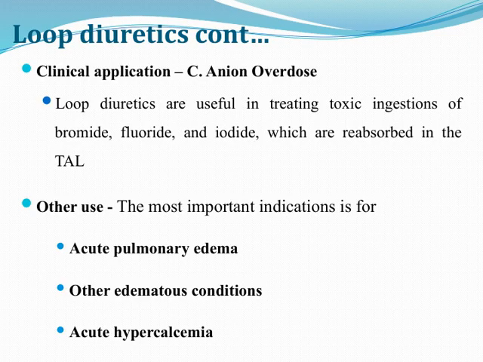Lastly, they are key in cases of acute hypercalcemia. Since loop diuretics increase calcium excretion, they can help lower elevated calcium levels quickly and effectively. So, in summary, while their primary use is for edema and hypercalcemia, their role in managing certain toxic overdoses highlights their versatility and importance in clinical practice.